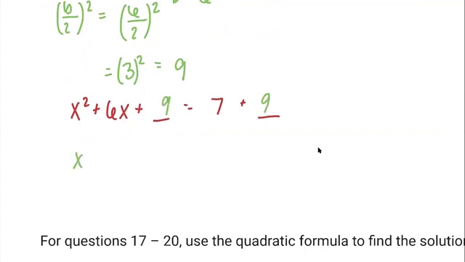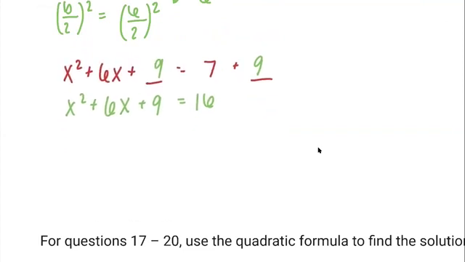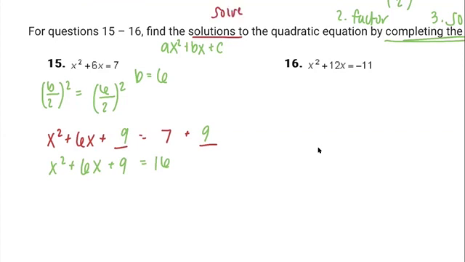So our answer ends up being x squared plus 6x plus 9 equals 16. Now I'm going to move some stuff up for the sake of space. So now we've got our equation, but we're looking for the solution. So that means we've got to solve for x.